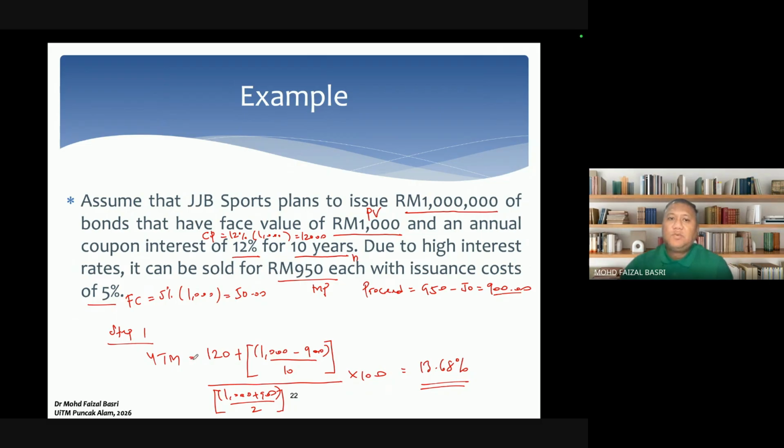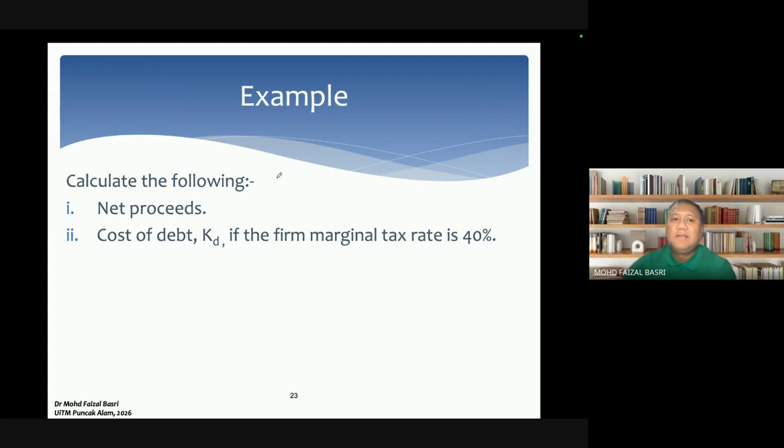Okay, so next we need to identify the cost of debt, KD. But to find the cost of debt, we need to know the tax rate. In this slide, it doesn't tell us the tax rate. But if we move to the next page, it mentions the second one, the marginal tax rate is 40%. So this is our T, the tax rate, 40%.